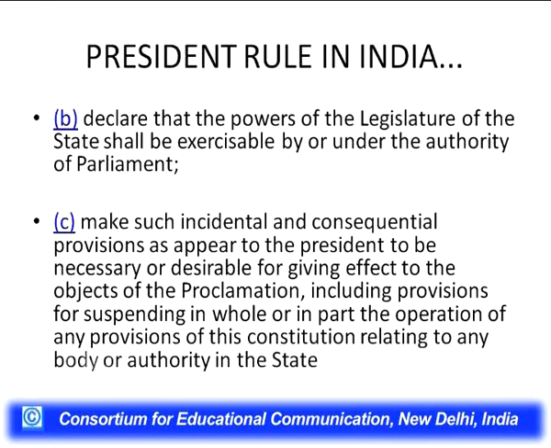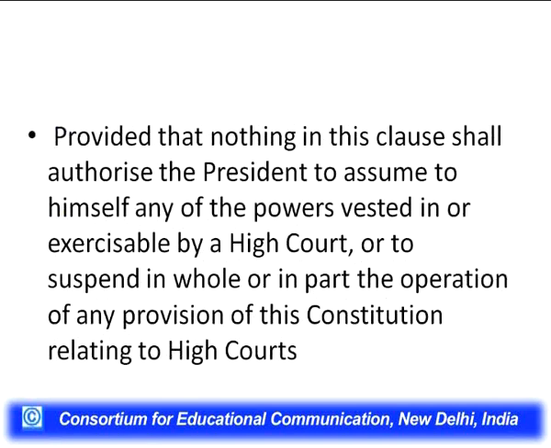And as far as clause C to Article 356 is concerned, here the President is empowered to make such incidental and consequential provisions as may appear to him necessary or desirable for giving effect to the objective of the proclamation. So these are the three consequences which will directly flow from the imposition of President's rule under Article 356 of the Constitution.